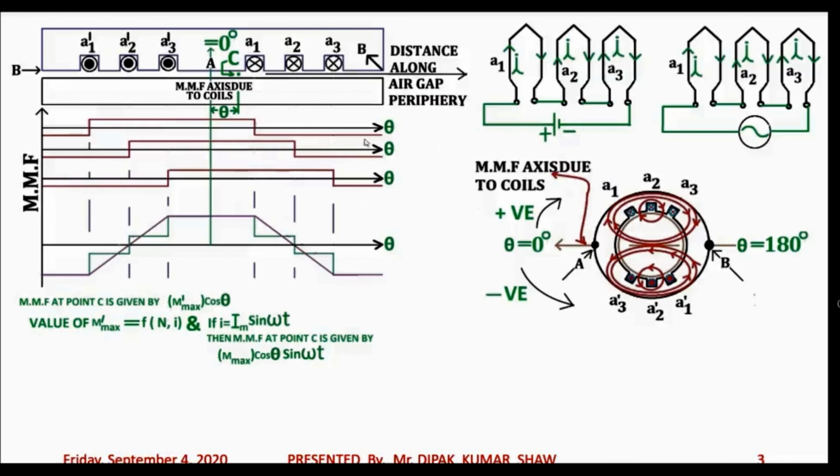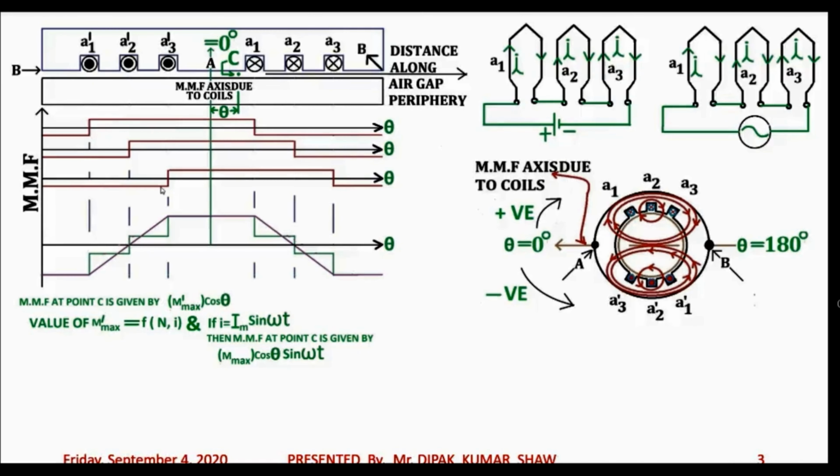Likewise, in the second case, we assume that only coil A2 A2 dash is carrying current, and the other two coils, A1 A1 dash and A3 A3 dash, are not carrying any current. In that case, please follow the mouse pointer, the middle one is the MMF variation due to the current carried by coil A2 A2 dash.